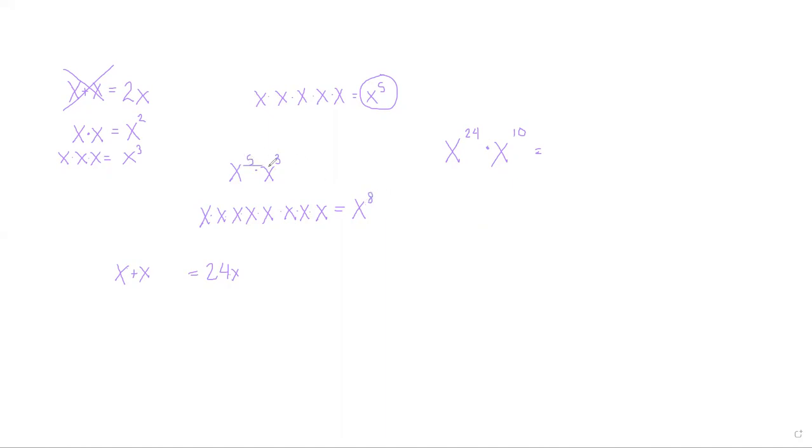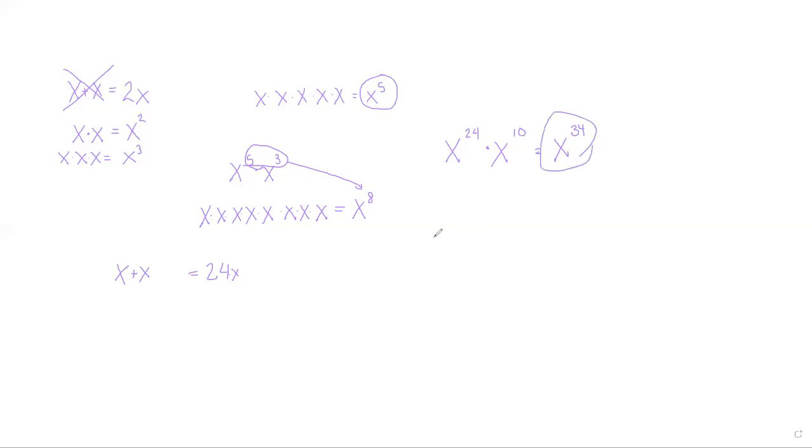I just added these exponents because when I multiplied them all out, I just counted up how many I had. So if I did 24 and then I did 10, I would have 24 plus 10. So I can just do x to the 34th. Boom, and I'm done. I'm going to circle that and I go home.